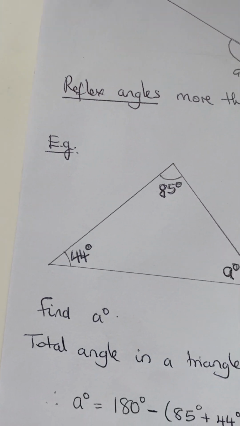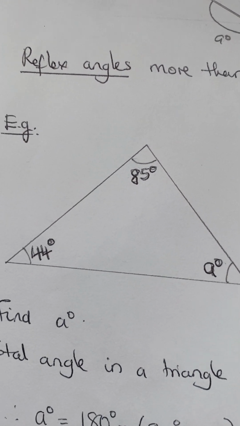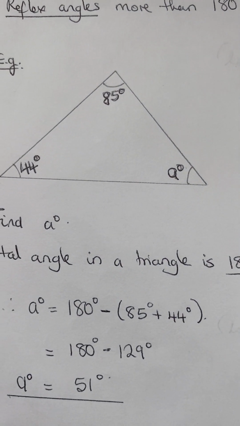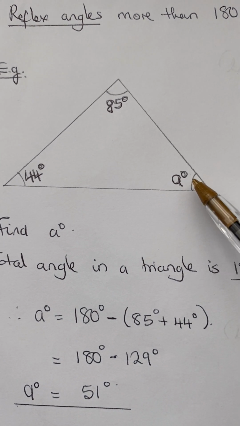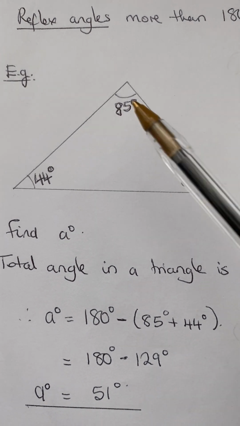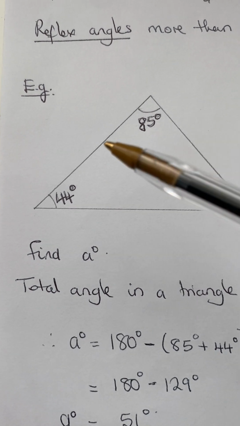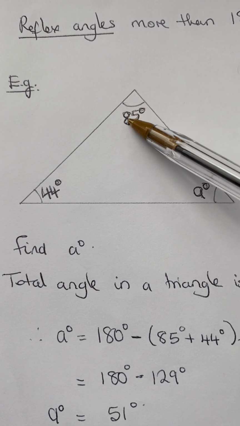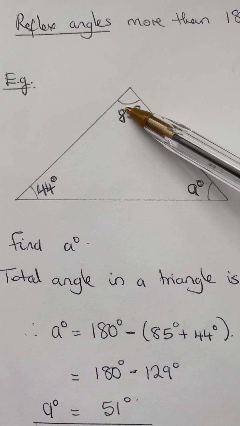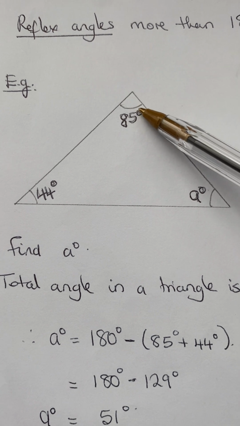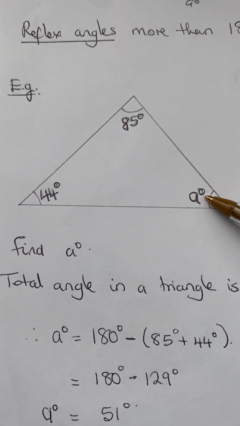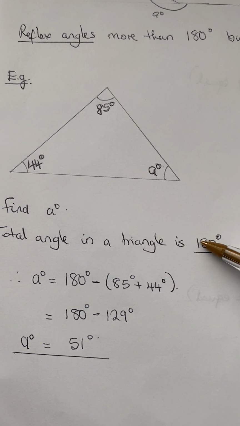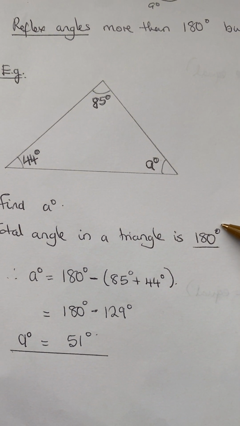Let's look at a few examples. With what we've learned so far, we are going to solve some questions. Find A. This is not to scale, but that's 44 degrees, that's 85 degrees. Find A. You know the total angle in a triangle is 180 degrees.